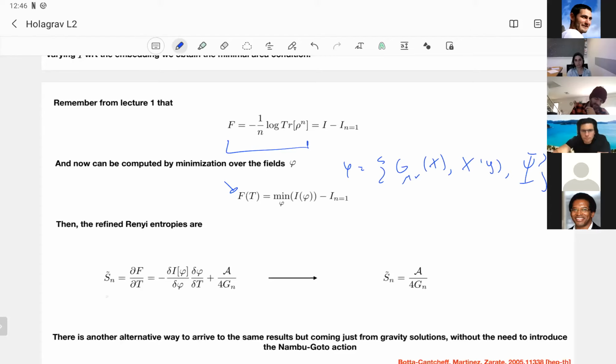Using the relation that I showed yesterday, and using that this is 0 because this is on shell, you obtain that the result is the one that I proposed.